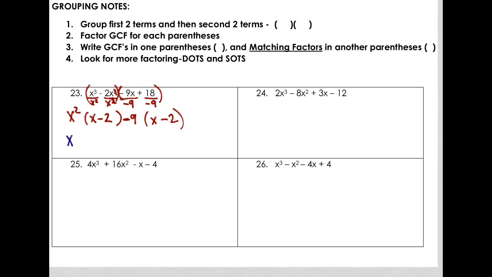So x squared and a minus 9. Drop that in there. And then since the other factor is the same, you just bring it down as 1. Okay, so 1 by itself.